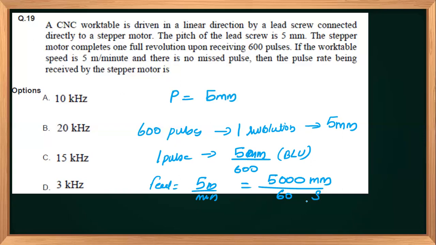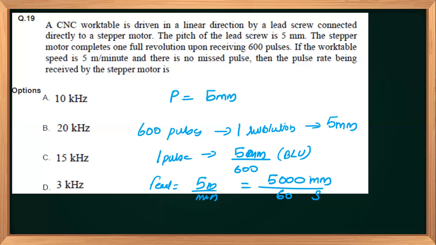Now, suppose we assume that this is the maximum feed which is possible. So it is asking what should be the capability of your pulse generator, how many pulses you have to generate for this. Since this is the maximum speed which is possible, we have to design for that maximum speed.